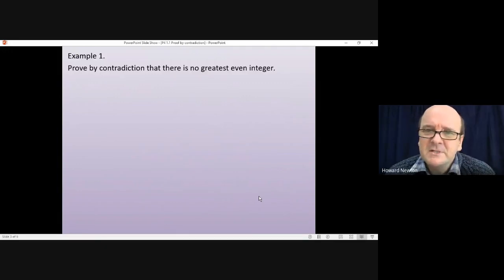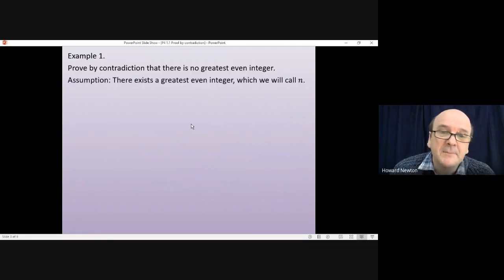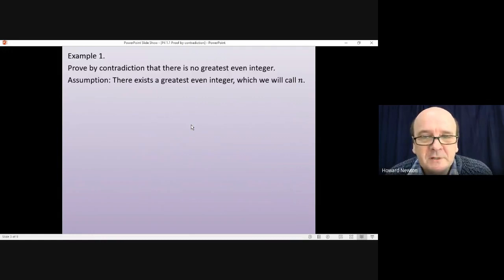It's obvious that there isn't a biggest even number. What's tricky is actually writing down the proof in a very formal way, rather than just saying it's clearly true, it's obviously true. And this, again, is a case where it's quite difficult just to prove that the statement is true. It's a lot easier if we assume the opposite thing.